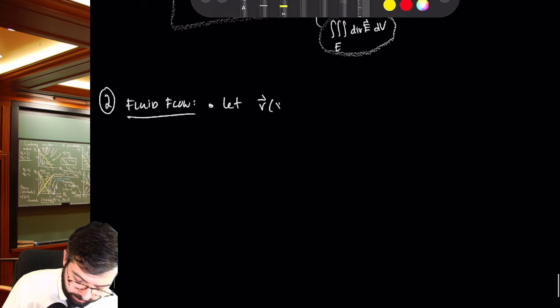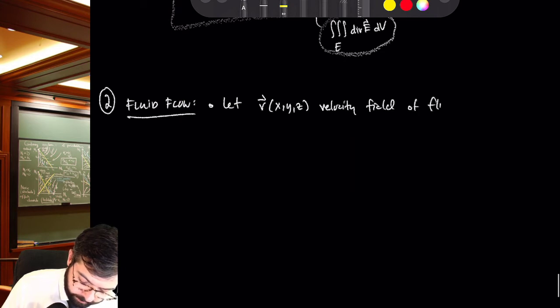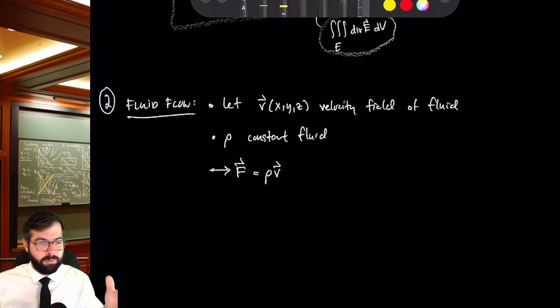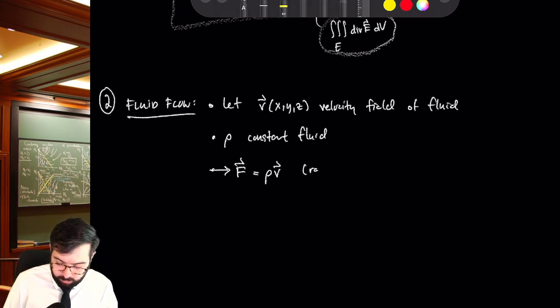So if we think about a velocity field of a fluid, or V, and let's say we have a constant density of this fluid. And we say, let's let this vector field F be equal to the density times the velocity. So this is really the rate of flow of the fluid per unit area.